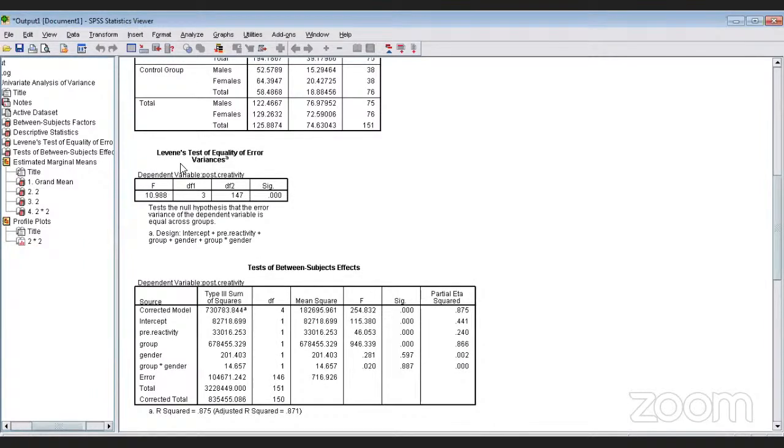But we don't want post-creativity, because with post-creativity the homogeneity of variance will not be there. So this is my result. So let me copy and paste.